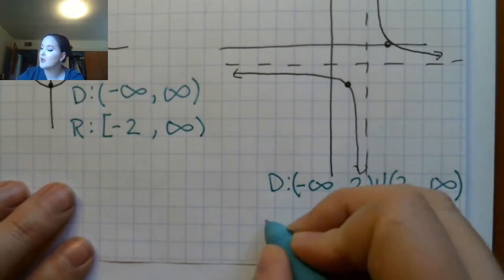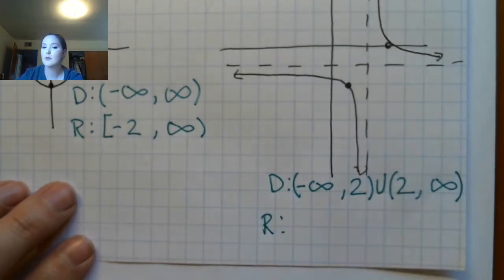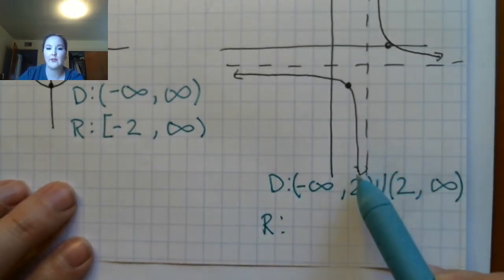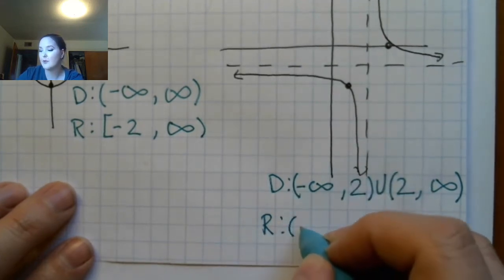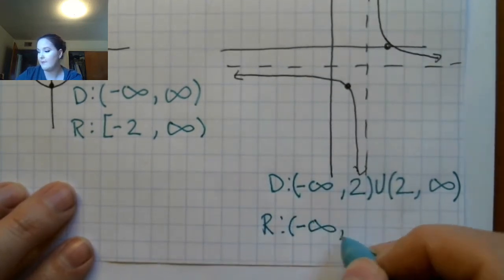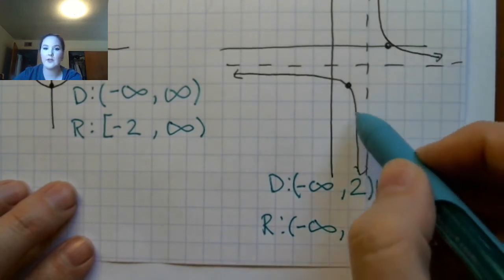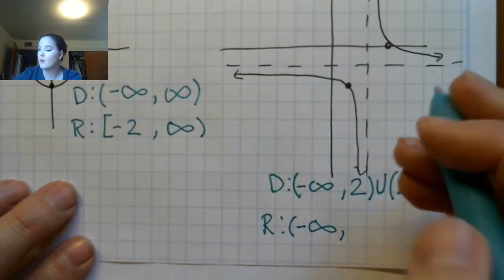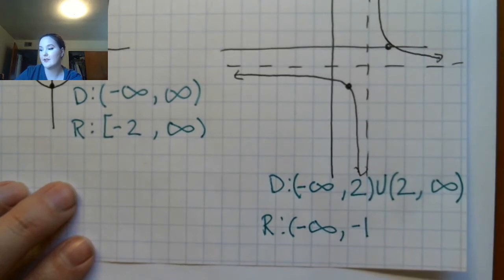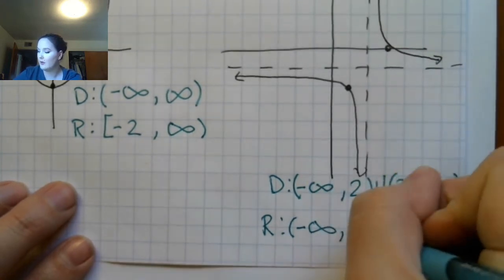Then let's look at the range. So I'm going to start at the bottom of the graph. Now this points down, so that would start at negative infinity. It goes up until here at -1, but it doesn't actually reach -1.